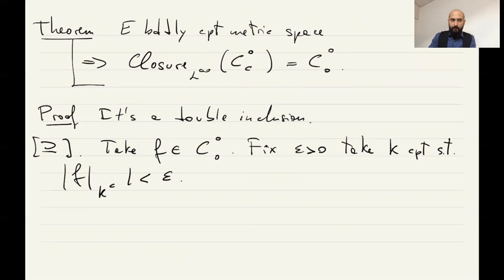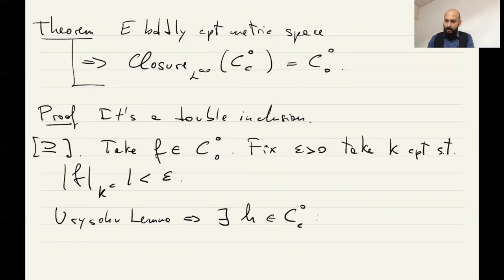Okay, by Urysohn's lemma, we have that there exists a function h compactly supported such that the subnorm of h is less than 1, it's going to be 1. And h is greater than the characteristic function of K.